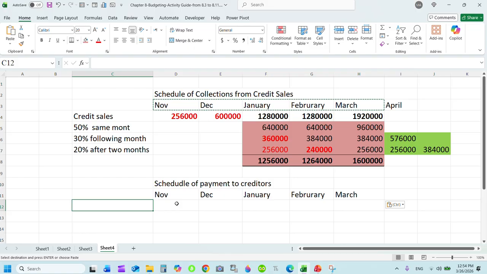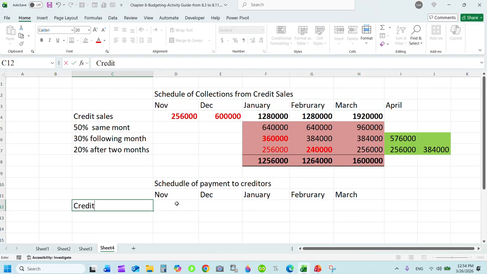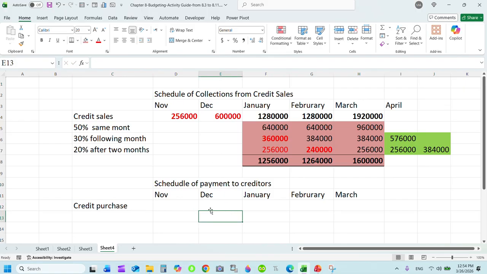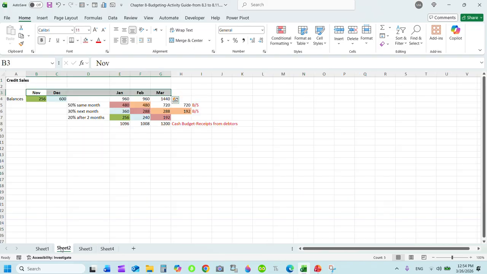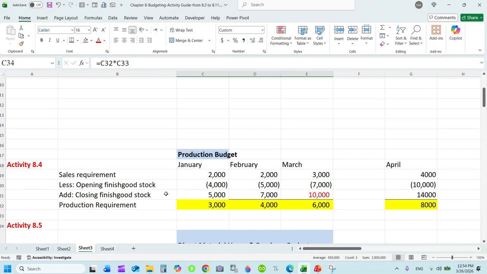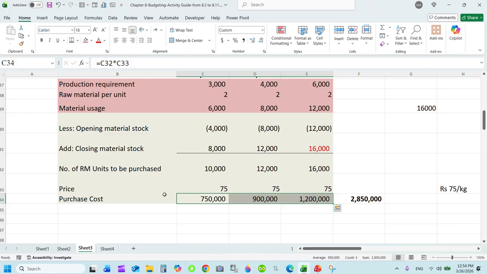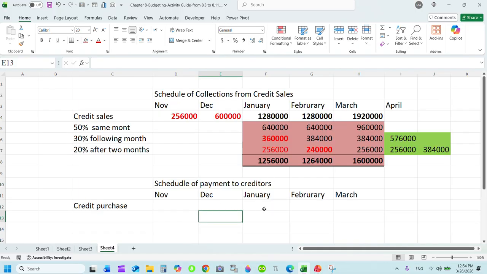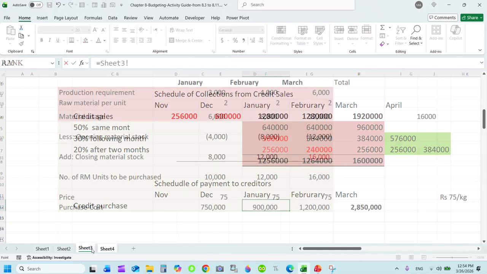We'll put credit purchase. These are the purchase budget figures, credit purchase.